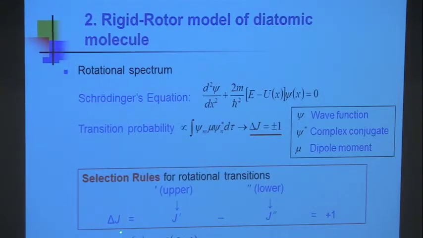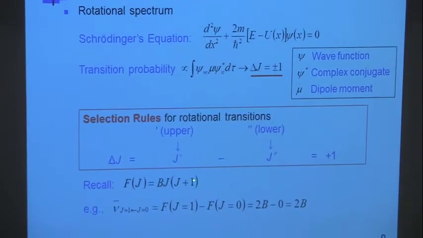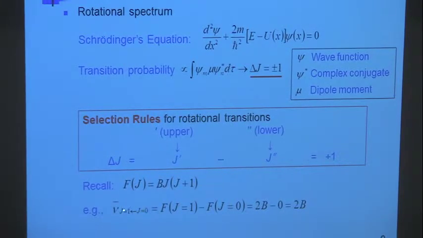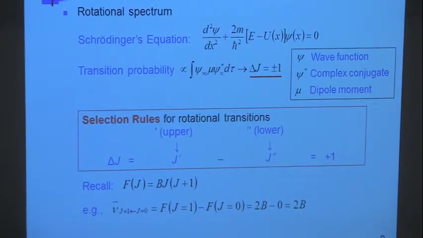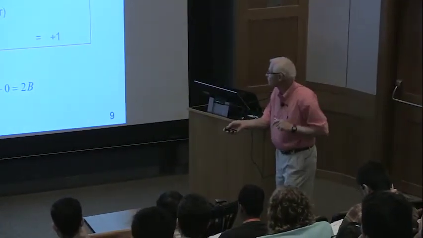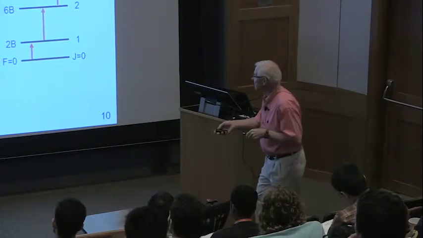So now, since F of J is BJ(J+1), I can solve for the energy of a transition between 0 and 1. That'd be the energy difference between J of 1 and J of 0, and what do I get? 2B. Energy difference between J of 0 and 1 is 2B. So let's look at this. Here's the diagram.